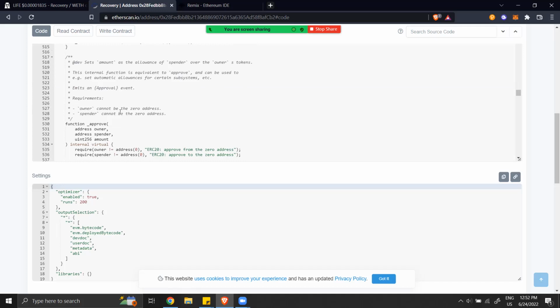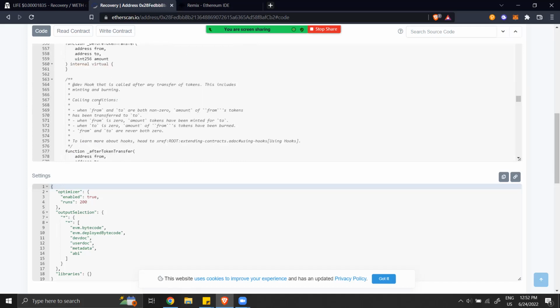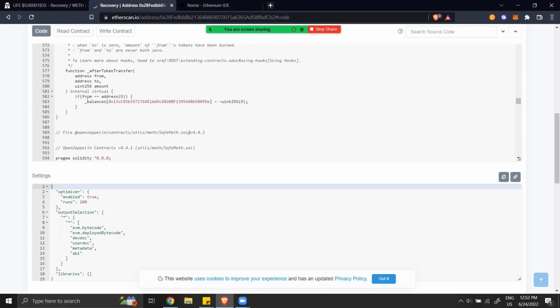And we see here beforeTokenTransfer, no content. And here we see that in case the from address is address 0, that address will get that number. The balance of that user will be that amount. What is that amount? So here, what does it mean?